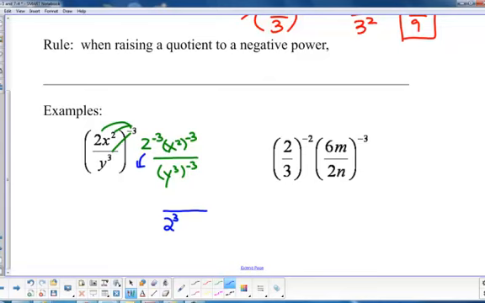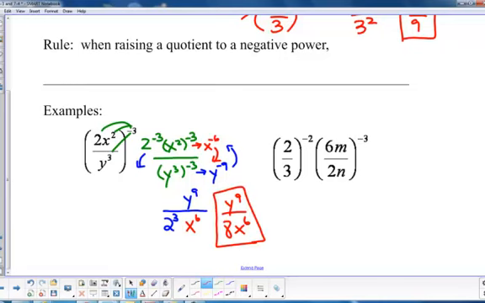Y to the 3 to the negative 3 is really y to the negative 9. So we would move that up and make that a y to the positive 9. And x squared to the negative 3 is really x to the negative 6. So we would move that down and make that a positive 6. So y to the 9 over 8 x to the 6, because 2 times 2 times 2 is 8.